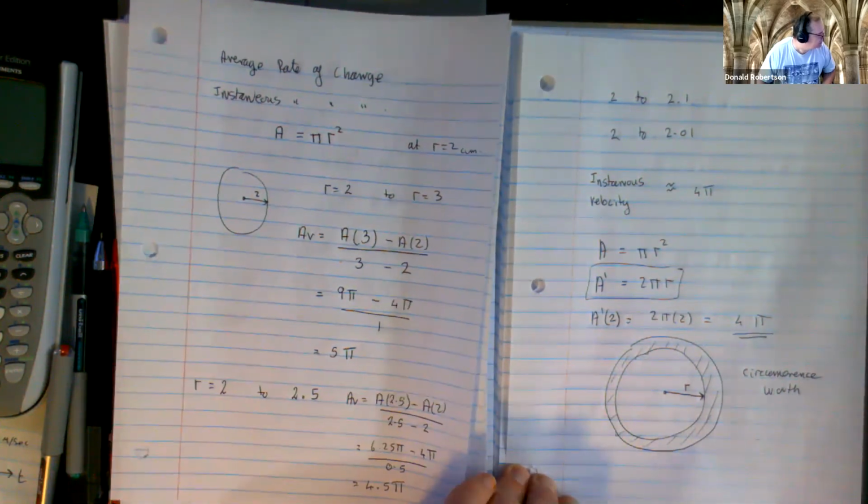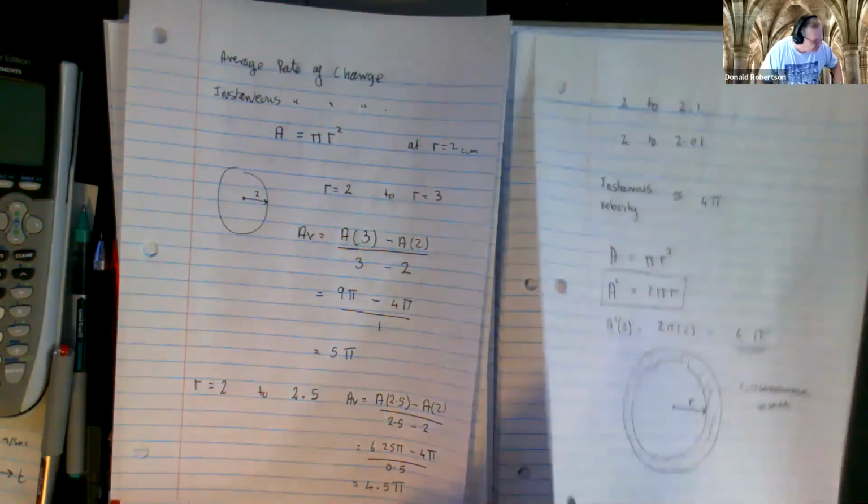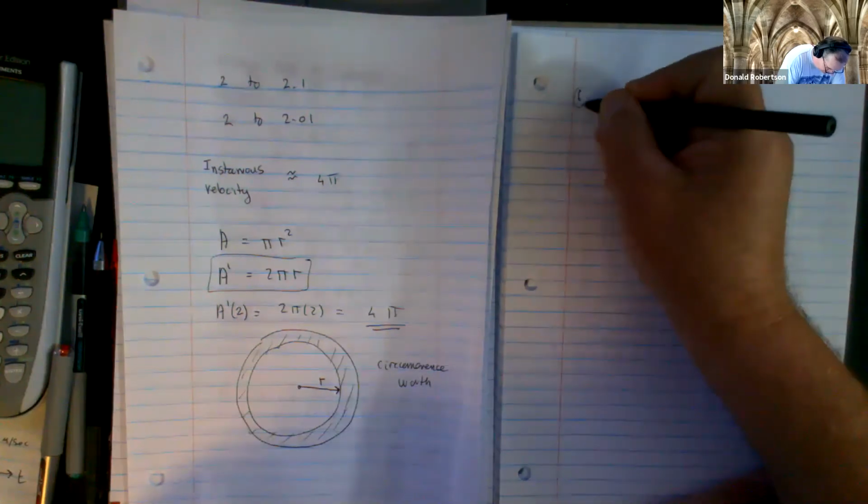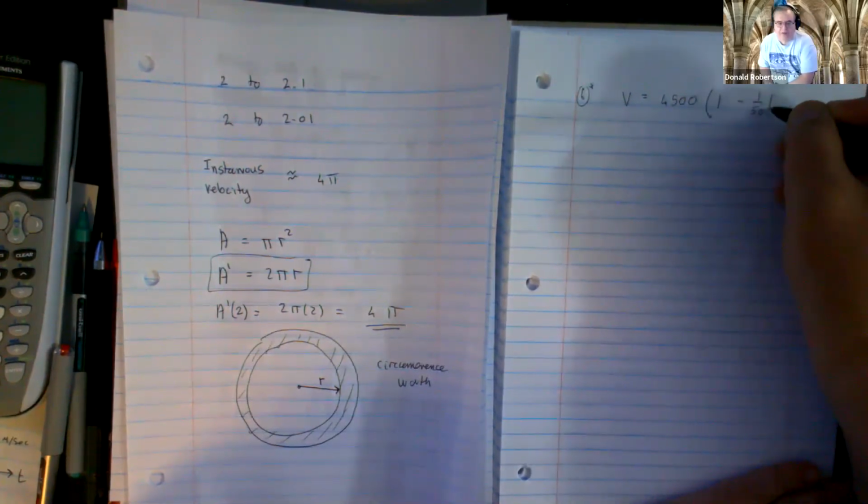Let's look at this fella. 4,500 times (1 take away 1 over 50 t) squared. So let's get you the story behind this. There is a tank full of a liquid.